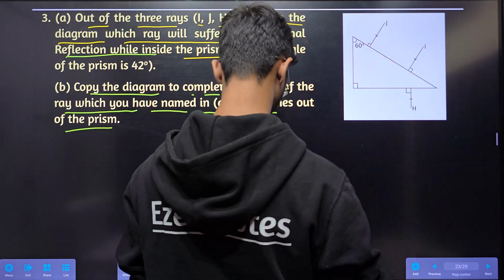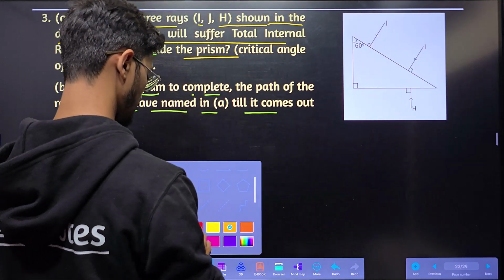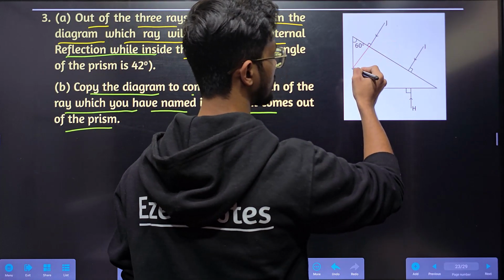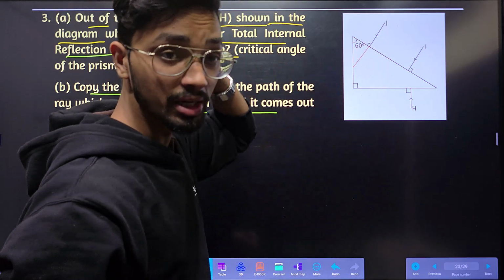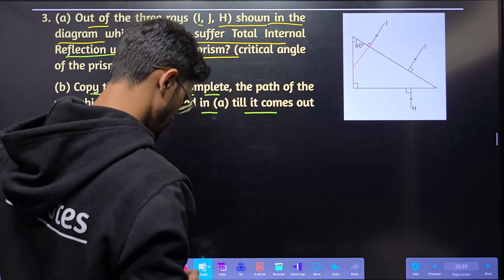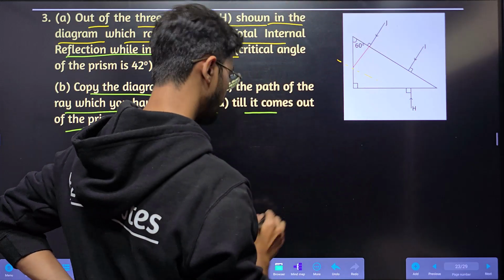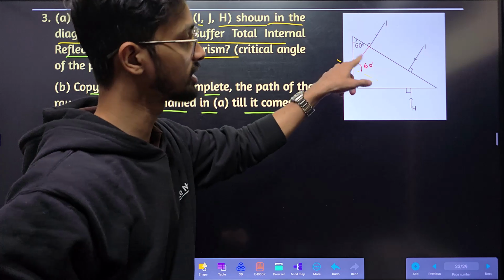See, it will come here like this. Wait, let me change the color. Like this. When it falls, this is 90, this is 60, this will be 30. This angle is 30, but this angle will be 60 degrees, right? Because this is 30, so this will be 60.